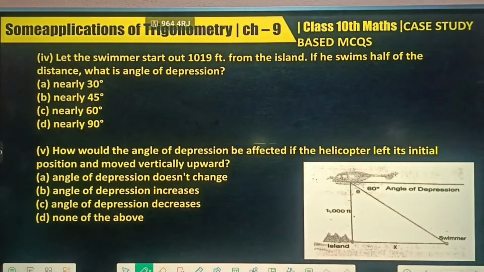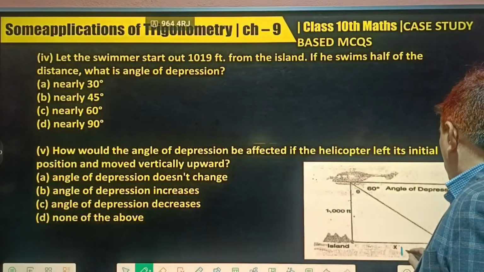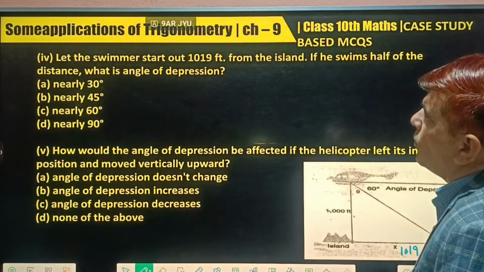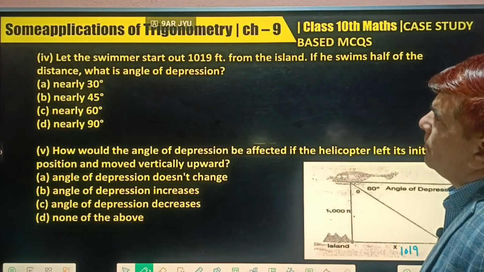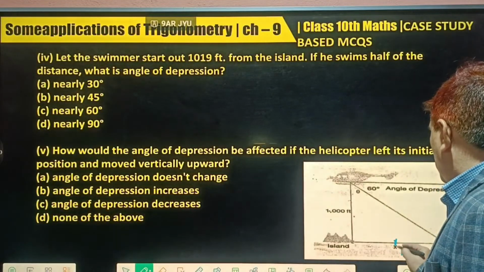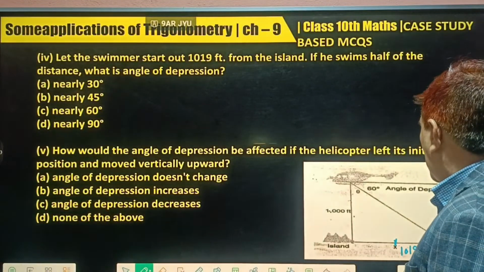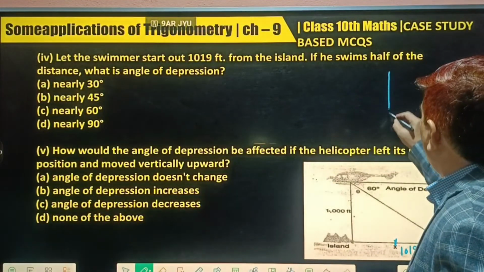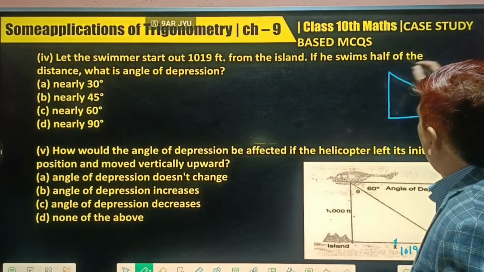Next, let the swimmer start out 1019 feet from the island. This distance is given as 1019 feet from the island. If they swim half of the distance, what will be the angle of depression? It starts moving to this side and covers half the distance. Then what's the angle of depression? We have this type of figure.